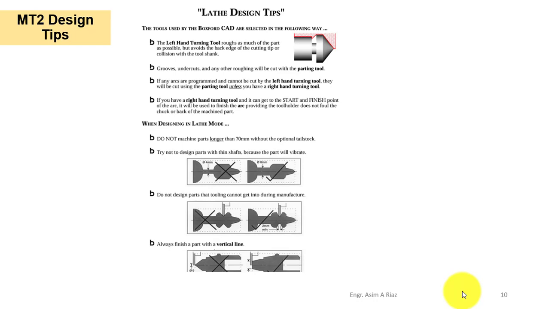Don't design parts that the tooling cannot get into during manufacturing. You can see the schematics, from the given schematics you can get the idea. Always finish a part with a vertical line. So these are the lathe design steps you have to ensure while designing or while doing lathe projects.